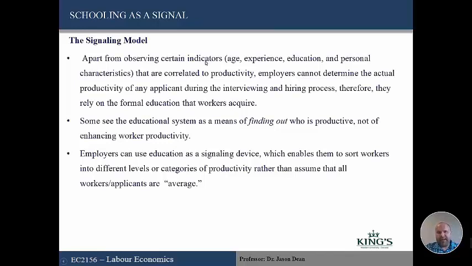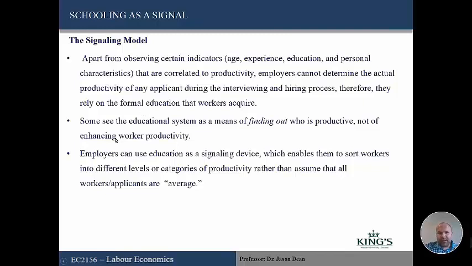So the signaling model is: there are certain indicators, okay, age, experience, education, and personal characteristics that are correlated with productivity, right? However, employers cannot really determine the actual productivity of any applicant during the interviewing process. And so they rely on the formal education that workers acquire.